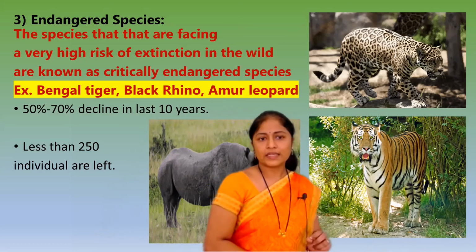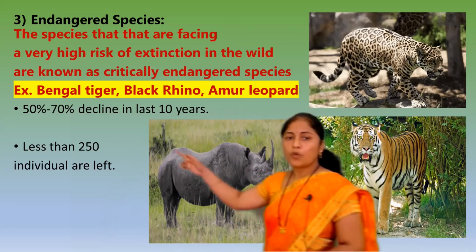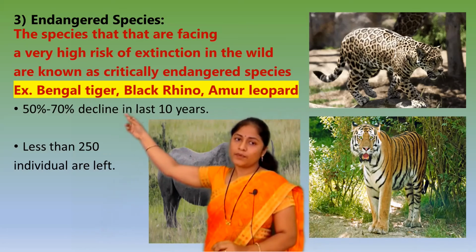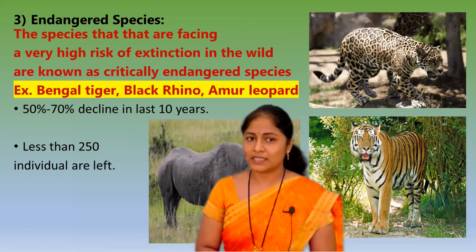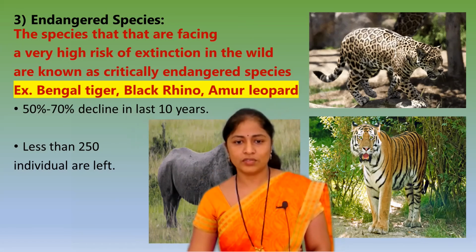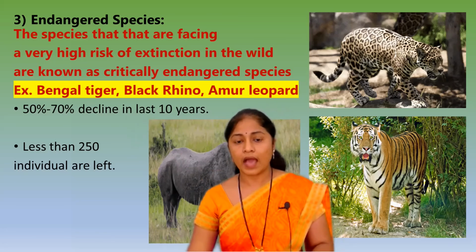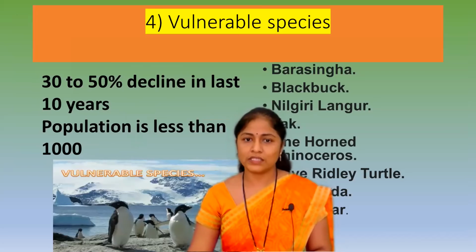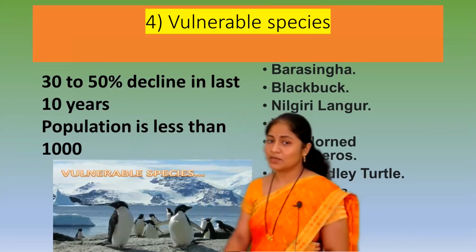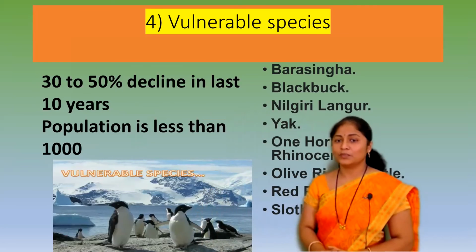In other words, species whose population has decreased by 50 to 70 percent in the last years are called endangered species. When we take the initiative to conserve species, then it is possible to conserve each and every species, my students, keep in mind.